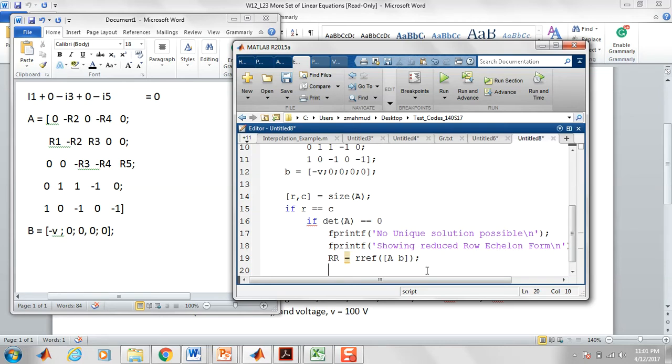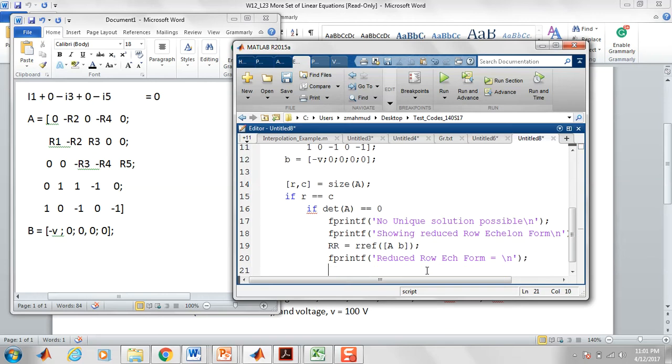Then I want to print this, so RR. So I'm going to have a printf, and RREF, or you can say reduced row echelon form equals, and you can do next line.